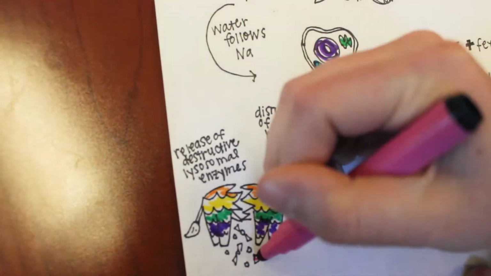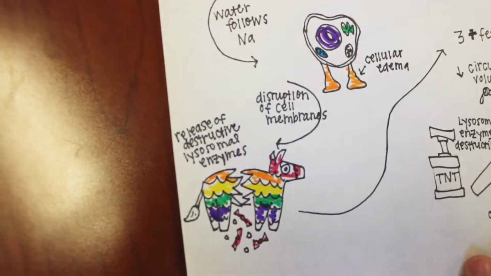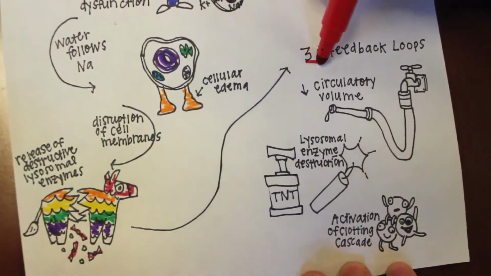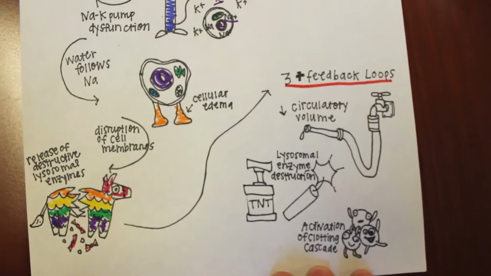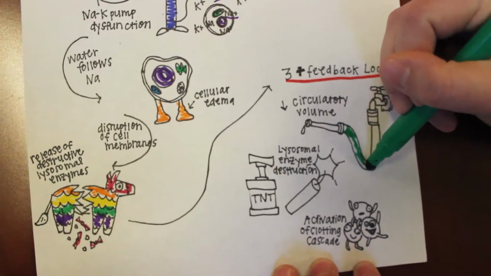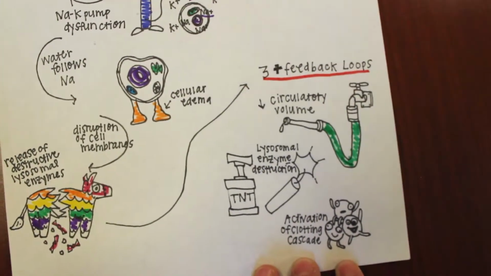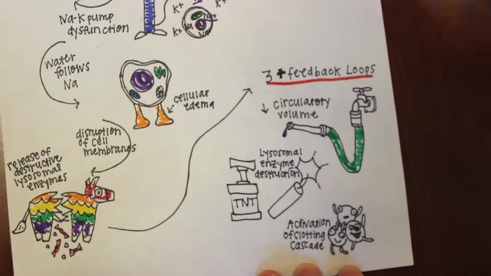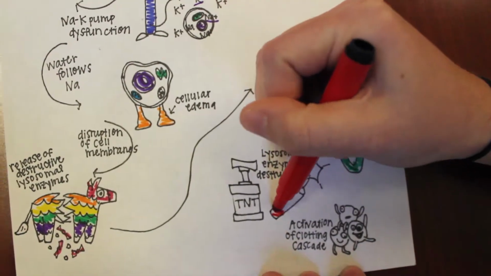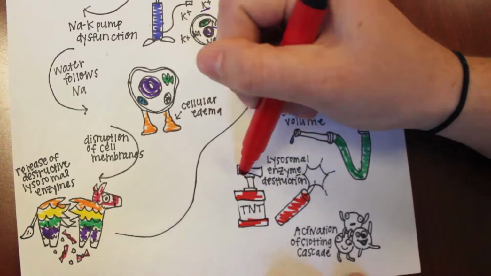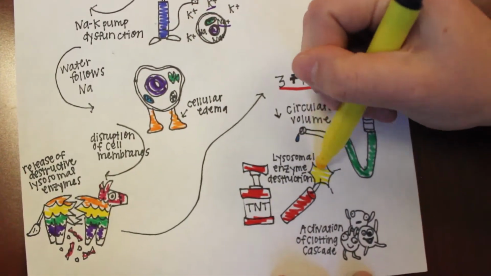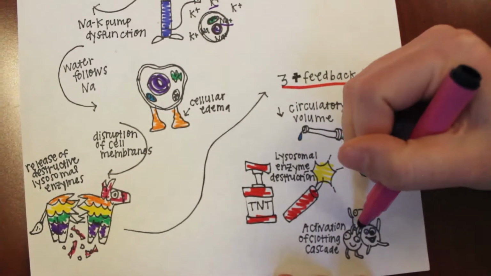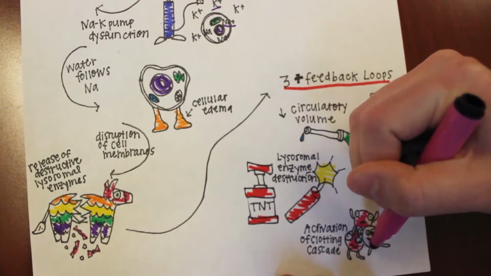Disrupted membranes allow the release of destructive lysosomal enzymes, which normally break down cellular debris, in the bloodstream, which causes the destruction of tissues. This cascade of events activates 3 positive feedback loops: a decreased circulatory volume, lysosomal enzyme destruction, and activation of the clotting cascade as a result of the inflammatory response, which can proceed into DIC, a common complication of shock.